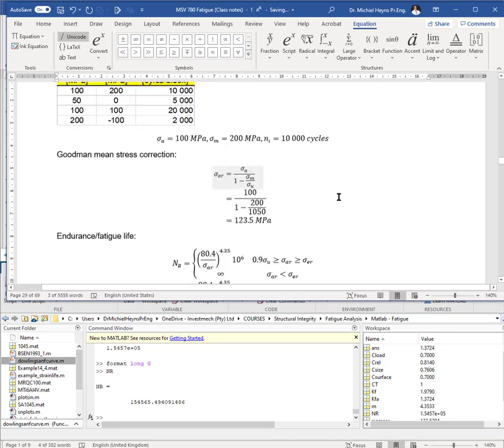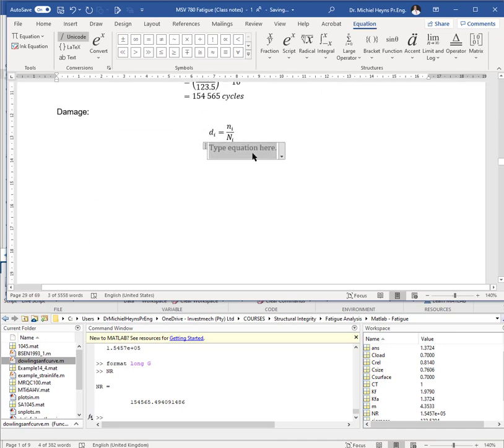In this case, we had 10,000 cycles, so this becomes 10,000. Let's first put the division, it's faster. So this is 10,000 divided by 154,565.